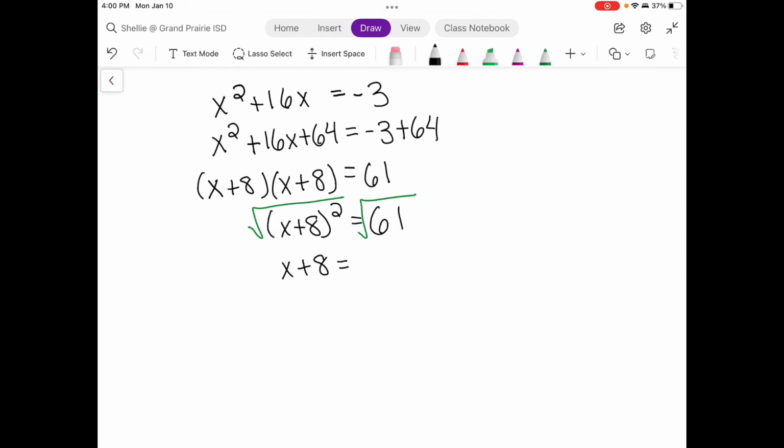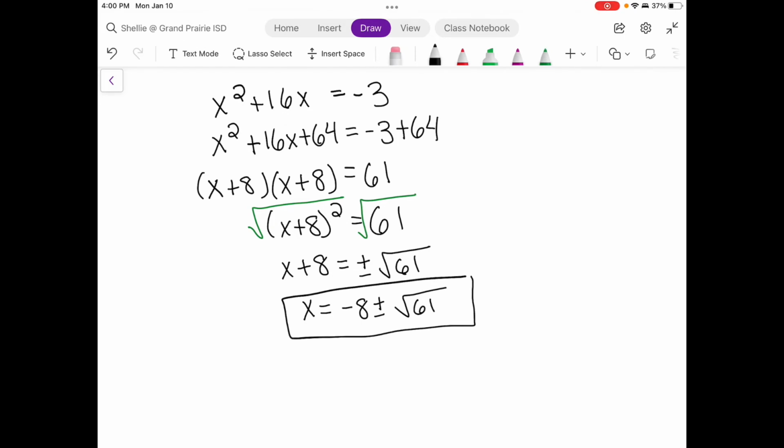I don't think so. So I'm just going to leave this plus or minus the square root of 61 because I can't simplify 61. I do need to subtract 8 from both sides, so I have negative 8 plus or minus the square root of 61. And that's my solution.